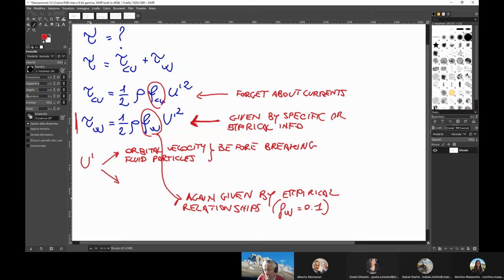But again, what we need to refer to are indications from the literature instead of using relationships which, you know, may be very empirical.